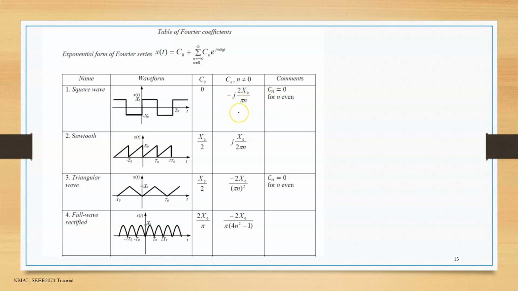You only have to find n equals 1, 3, and so on, and because the question asks for the third harmonic, you stop at 3. If it asked for up to the tenth harmonic, you would continue with 1, 3, 5, 7, 9. So please notice the comments here.